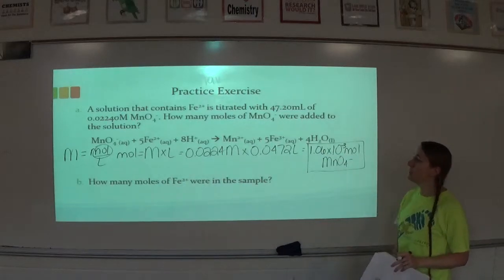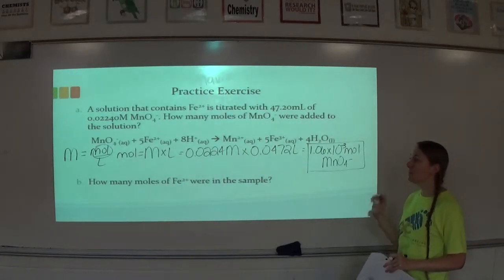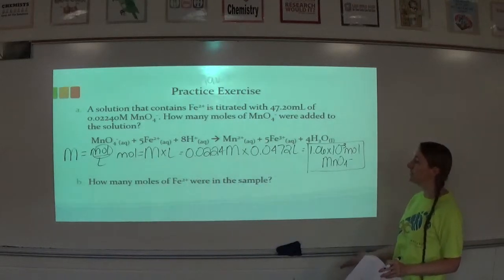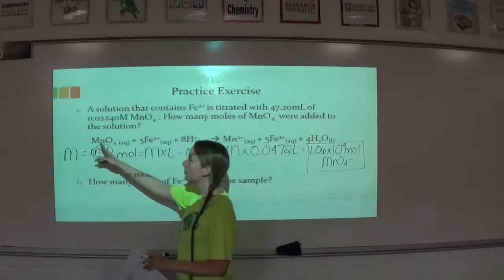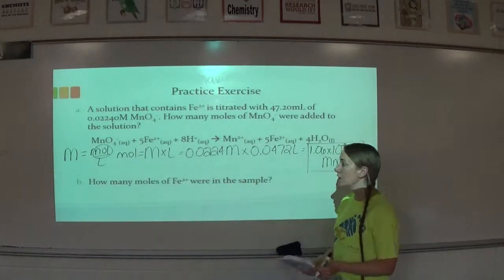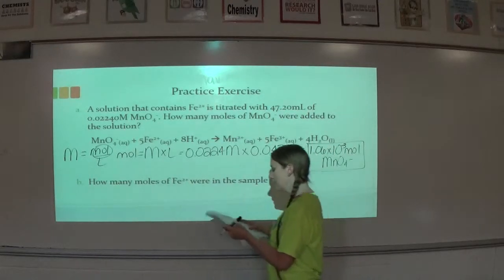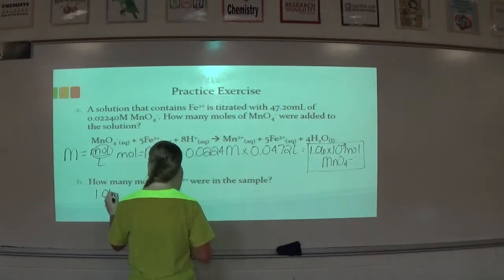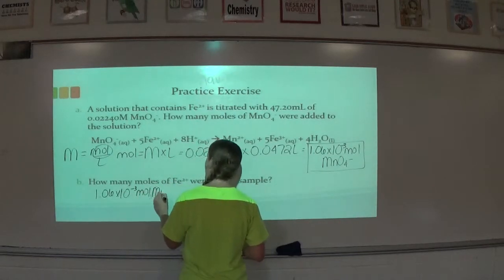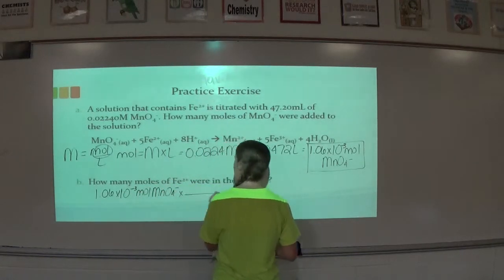Then it says how many moles of Fe2+, or iron ion, were in the sample. If we look, there's 1 permanganate to 5 iron ions. So we start with the moles that we have here: 1.06 times 10 to the negative 3 moles of permanganate.